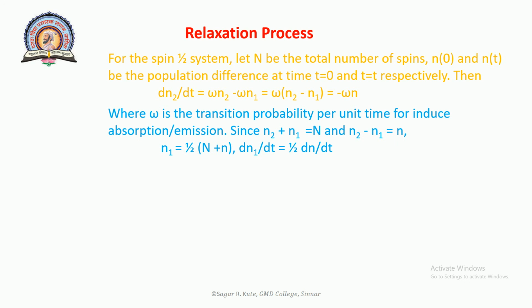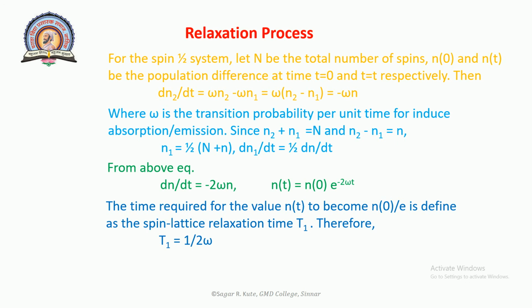Since n1 plus n2 equals N and n1 minus n2 equals n, then n1 equals 1/2 (N plus n). So dn1/dt equals 1/2 dn/dt. From the above equations, dn/dt equals minus 2 omega n, so n(t) equals n0 e raised to minus 2 omega t.